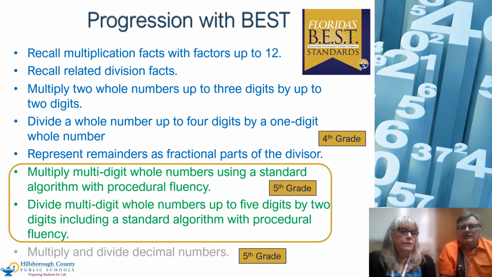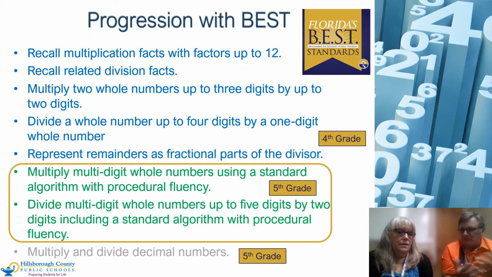So Barbara, I noticed something here in what you highlighted in green. I see the words a standard algorithm in both benchmarks and procedural fluency. Correct. So we're at that stage where, beyond just having a reliable strategy rooted in deep conceptual understanding, they need to now be very fluent.